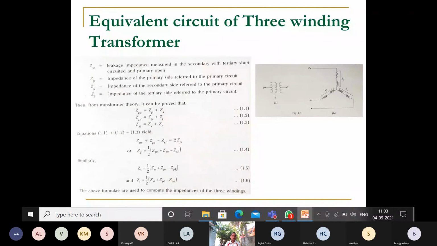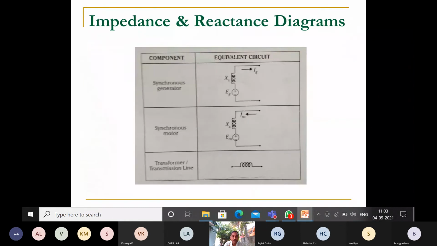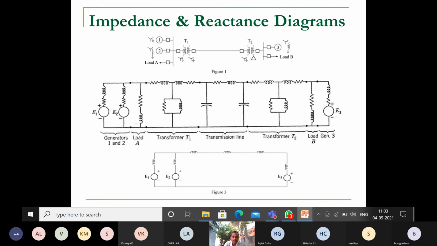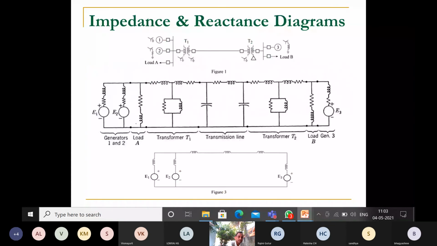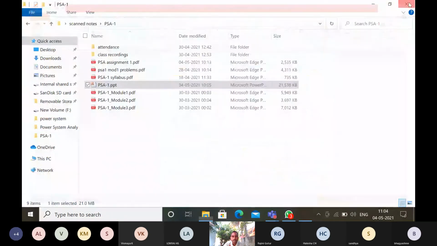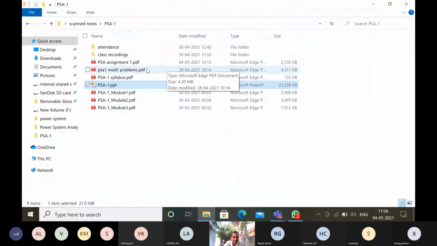This is the equivalent circuit of three winding transformer, and impedance and reactance diagram. So how to convert impedance to reactance diagram, and all these things are there here, and we have explained in the first thing.